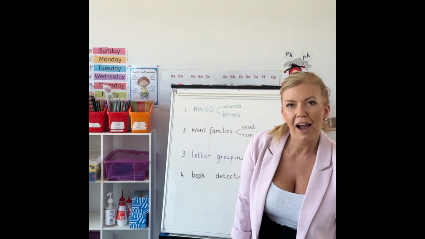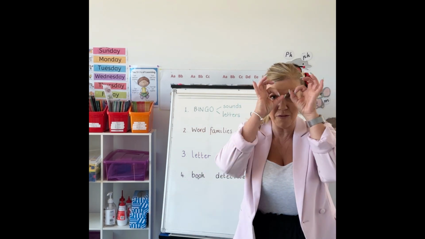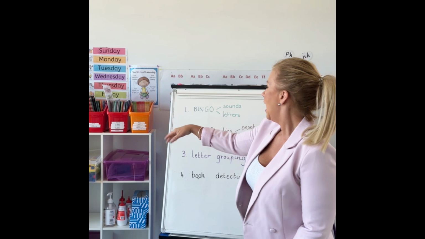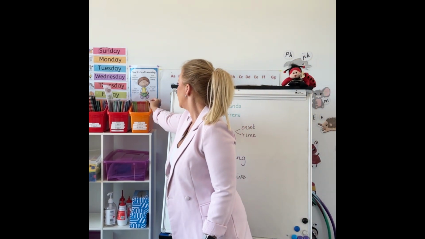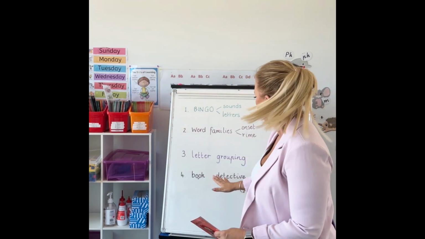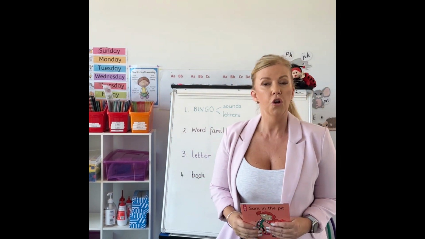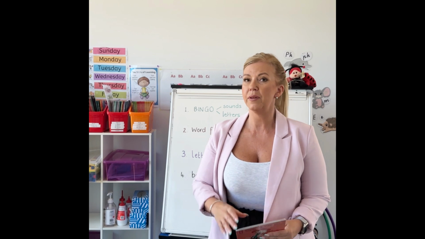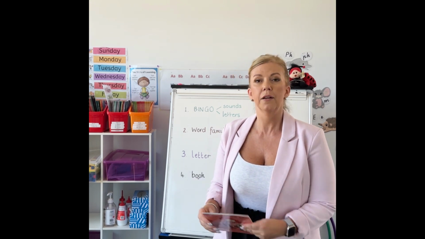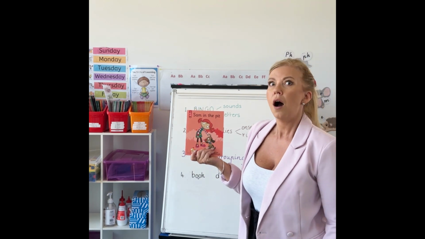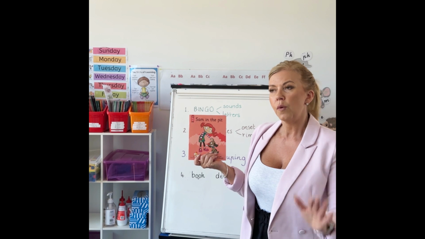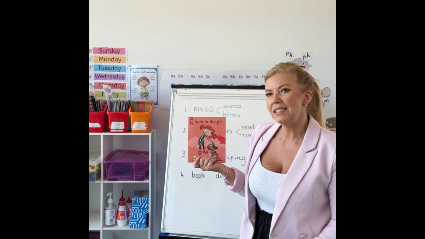And our final activity, the children love being a book detective. We asked them to put on their book detective glasses, and we've got some fantastic readers. You can be a book detective by simply searching for a particular word that might be your focus for the day. So our word might be in. So we're going to have a look. Can you see the word in? We need the i and the n sound.